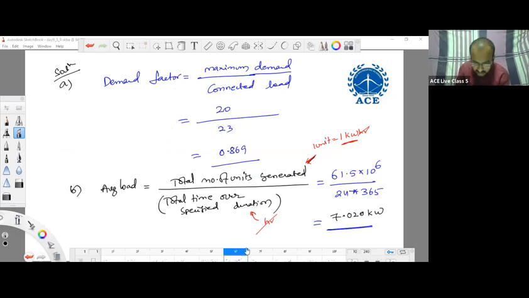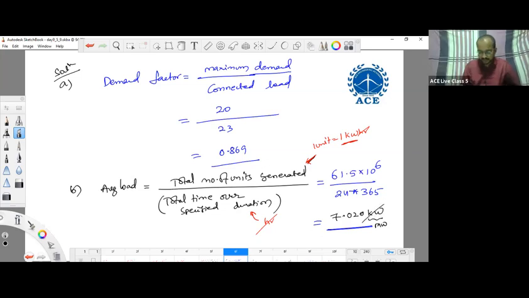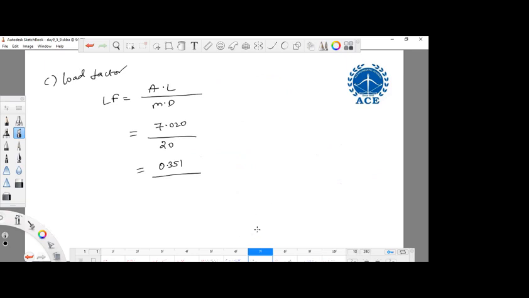I think here it is megawatt, because you should convert this to here. I think you'll be getting this in megawatts because of 10 power 6. Here also this will be converted to megawatts. Okay, sir. Thank you, sir.